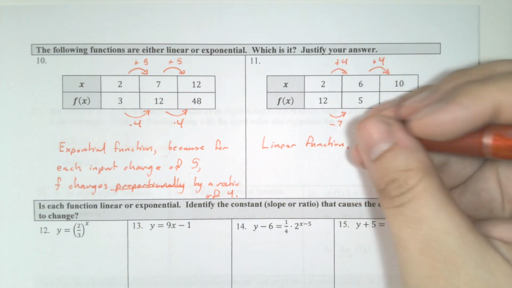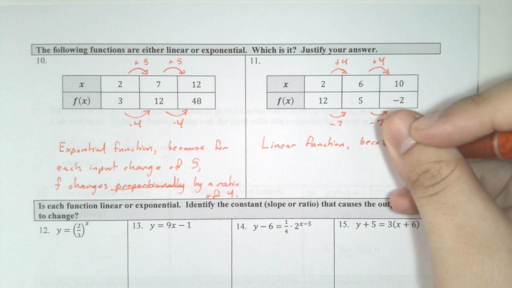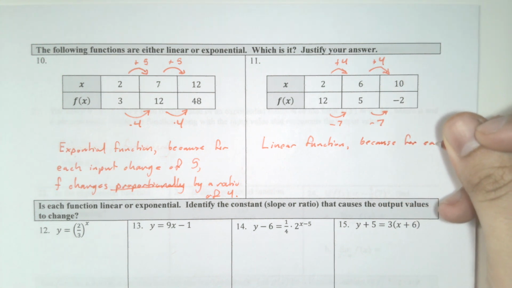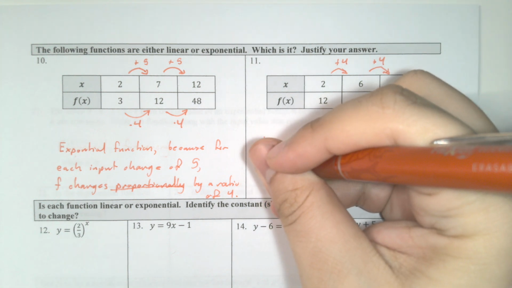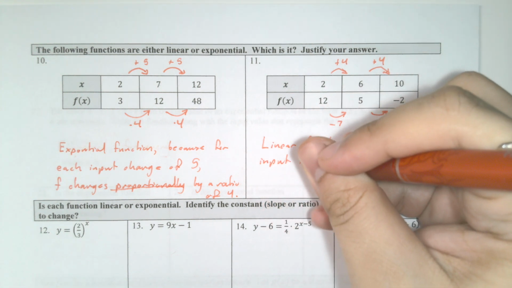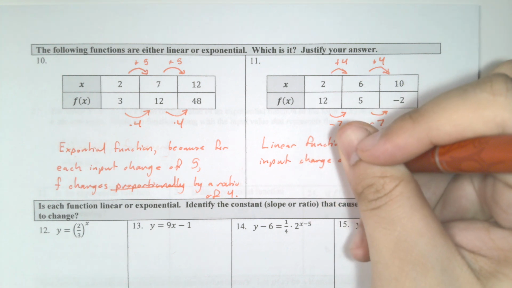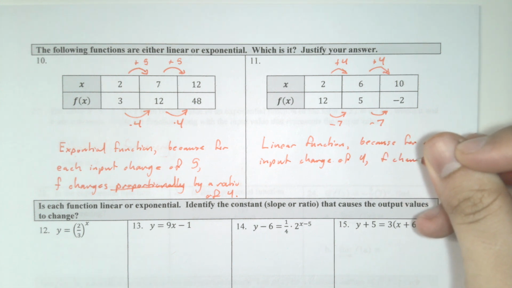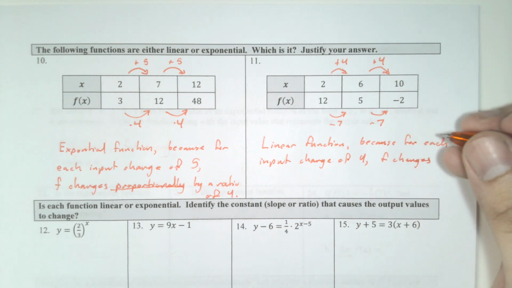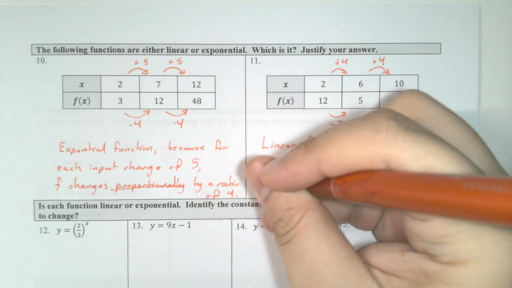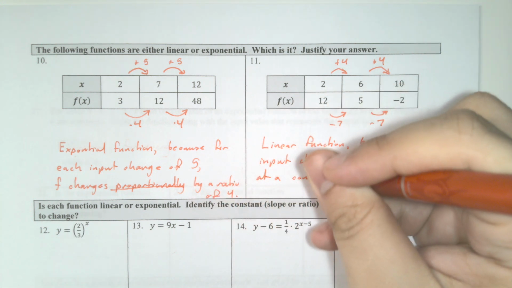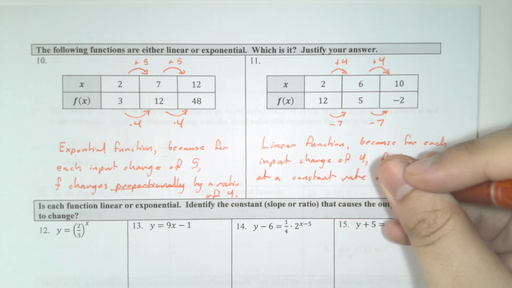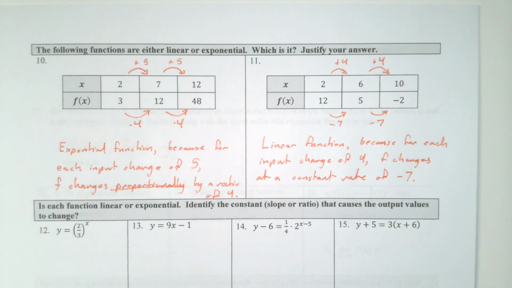But why? Well, this is linear because for each input change of 4, f changes at a constant rate of -7.